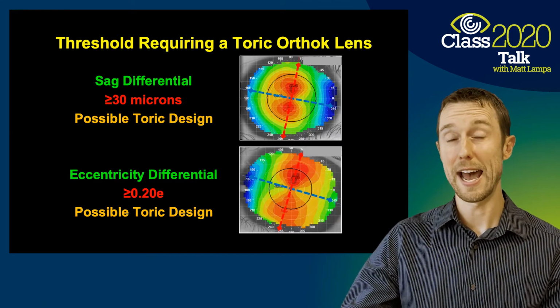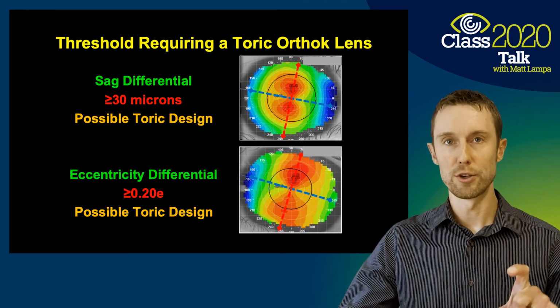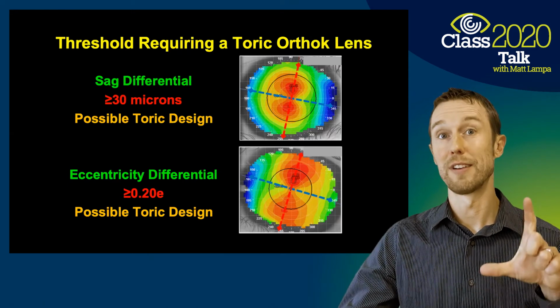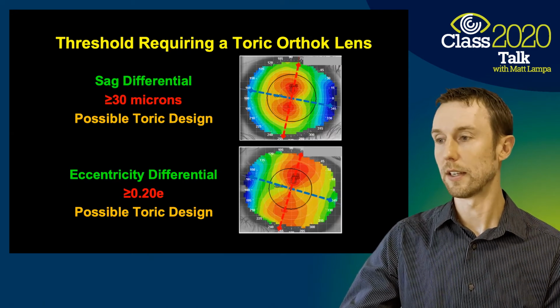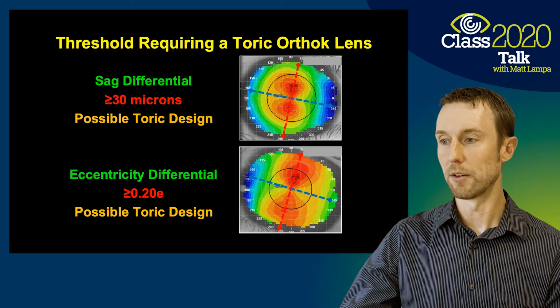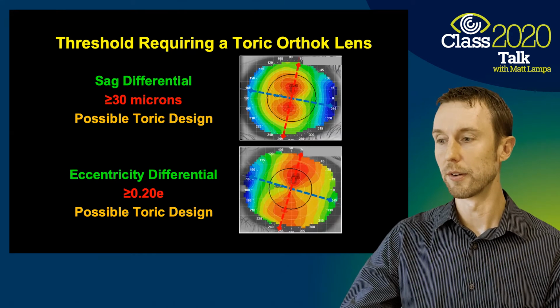We're going to need to ask the manufacturer to differentially deepen the reverse curve and the landing zone of the contact lens in an effort to better align the cornea 360 degrees around.